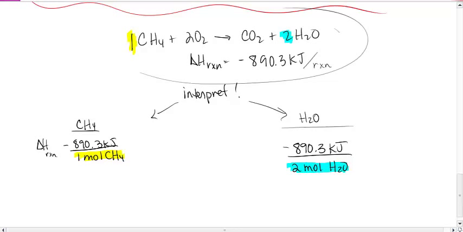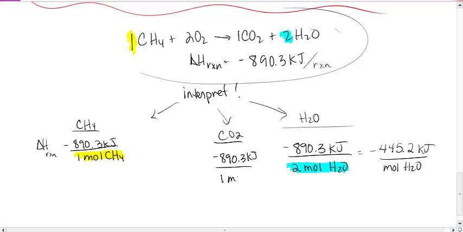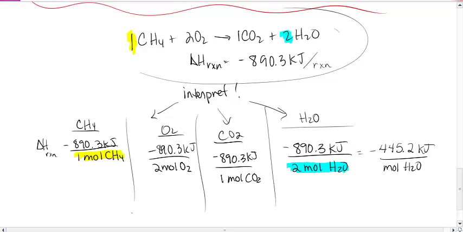If I wanted it per mole of water, then it's negative 445.15, so negative 445.2 kilojoules per mole of water. If I wanted it for CO2, well, there's only 1 CO2, so it's negative 890.3 kilojoules per 1 mole CO2, or negative 890.3 kilojoules per 2 moles of oxygen. So we can interpret it any way we want, is my point.